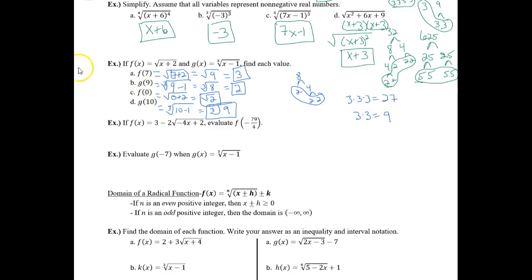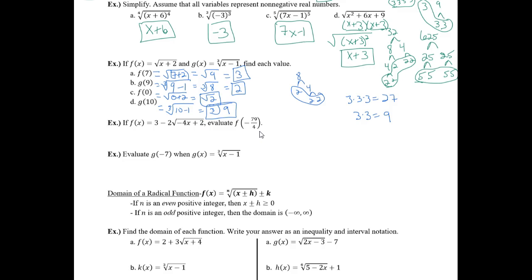Alright, we've got some more here. These get a little bit more complex. This first one says if f of x equals this whole quantity here, evaluate f of negative 79 fourths. So we've got a fraction here. A lot of times students don't like fractions, but don't fear them. Just take it one step at a time.